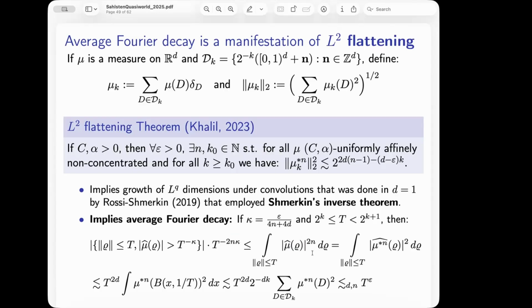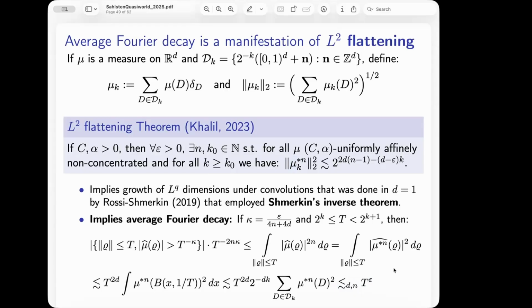Then Plancherel's theorem lets you translate the Fourier side into the geometric side, a lemma in Mattila's book. You get this integration over balls of radius 1 over t of the convolution. By the covering with these dyadic cubes, it becomes the L2 norm. So you can get from this random walk theorem to the Fourier decay theorem by this one trick.